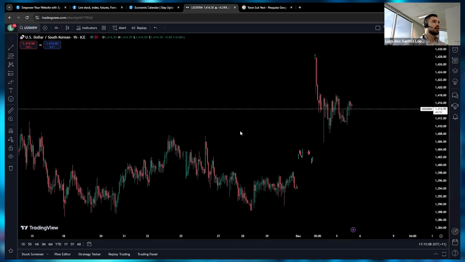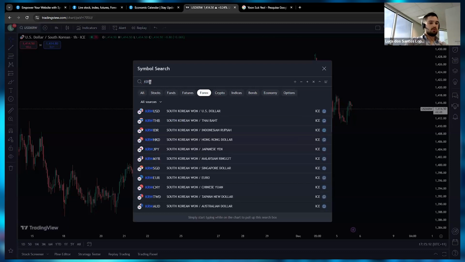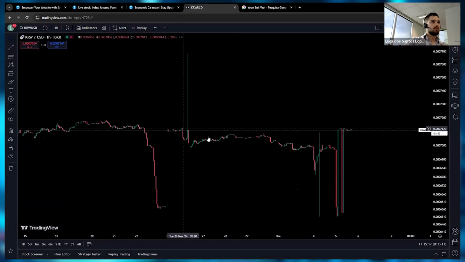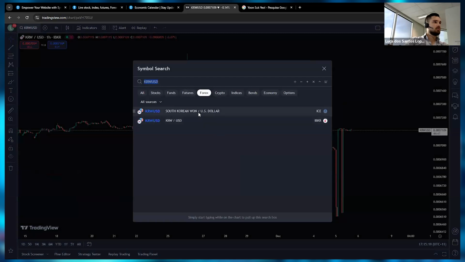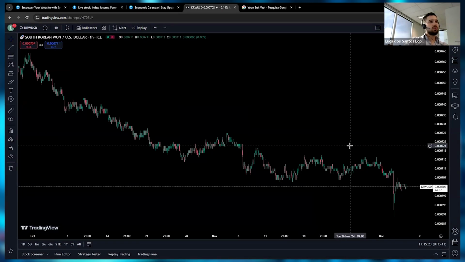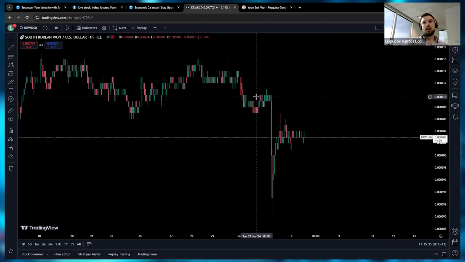We can just flip this around as well, and that will be much better for us to see. There you go. So you can see that the initial reaction was a sharp sell-off, as we can see here.